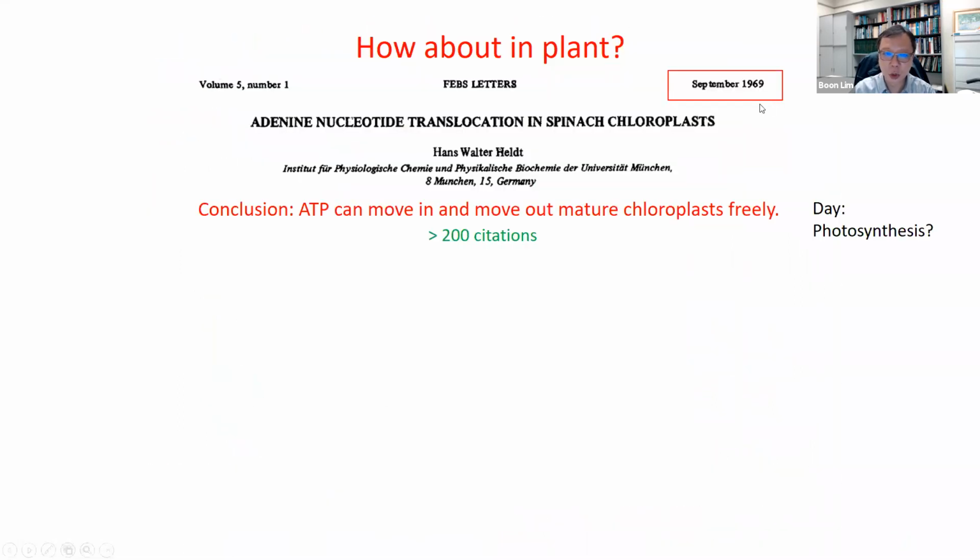Fifty years ago, a German scientist published a paper called adenine nucleotide translocation in spinach chloroplasts. The conclusion of this paper is that ATP can move in and out of mature chloroplasts freely. And this paper has been cited more than 200 times.